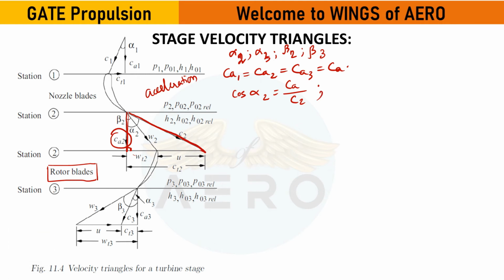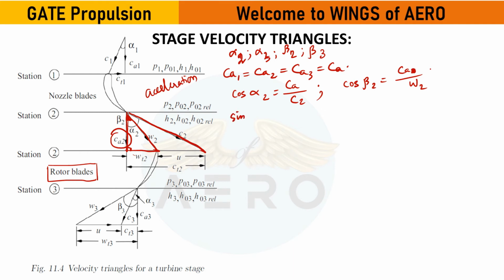Fine. Now next I want to find this one. How can I find it? Again cos beta 2, because this angle is beta, right? Again base by hypotenuse. The base is Ca2 or Ca, hypotenuse is W2, right? Now next, let's find any other way I can find alpha.